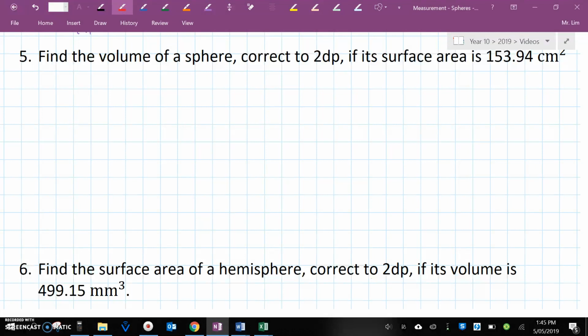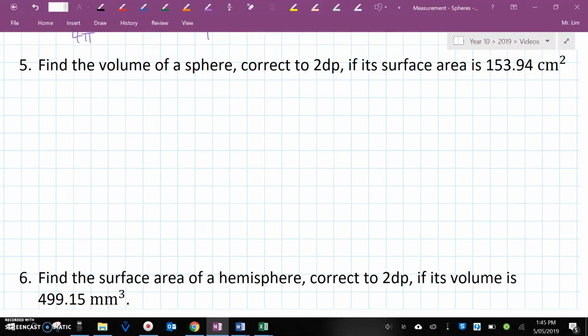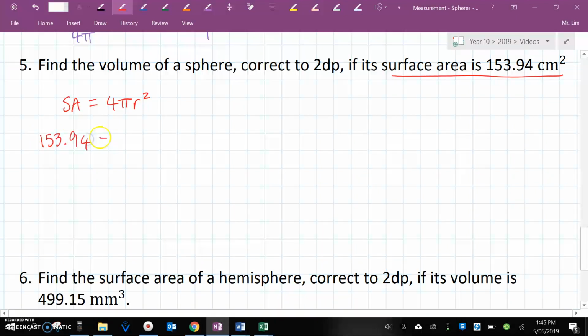Question 5. Find the volume of a sphere corrected to 2 decimal places if its surface area is 153.94 centimeters squared. So it gives us the surface area. We know surface area is equal to 4 pi r squared. So we're going to replace surface area with 153.94 is equal to 4 pi r squared.